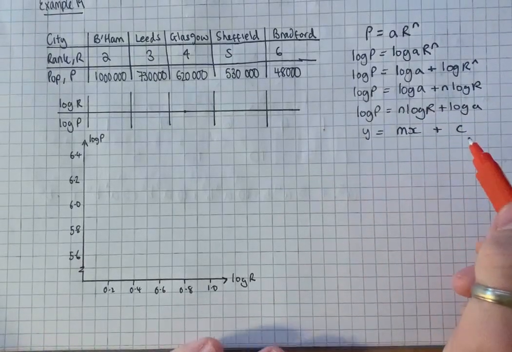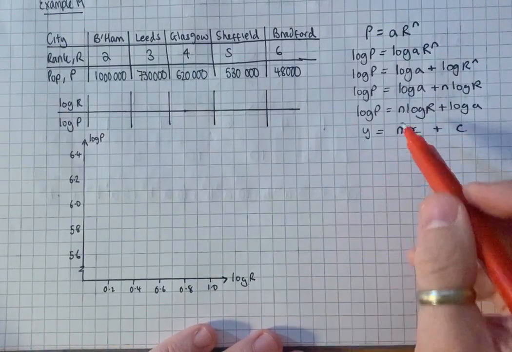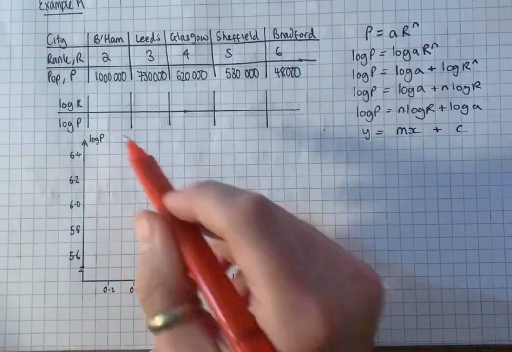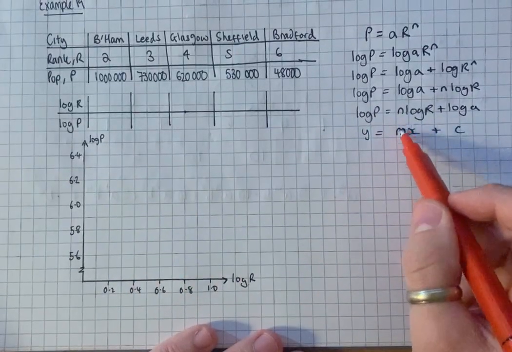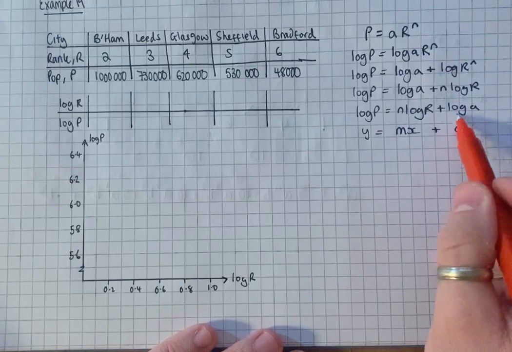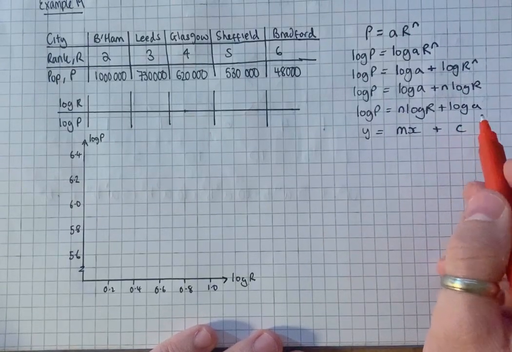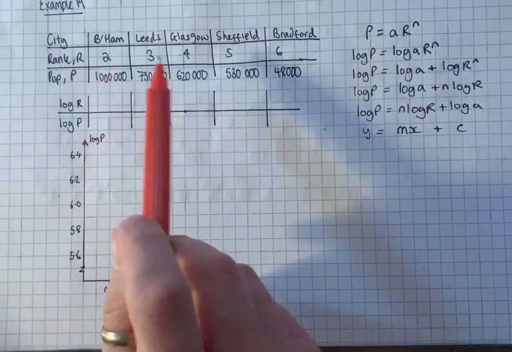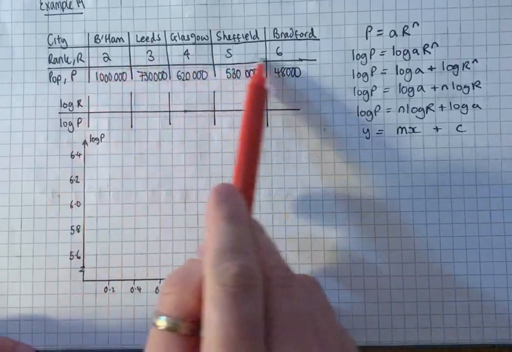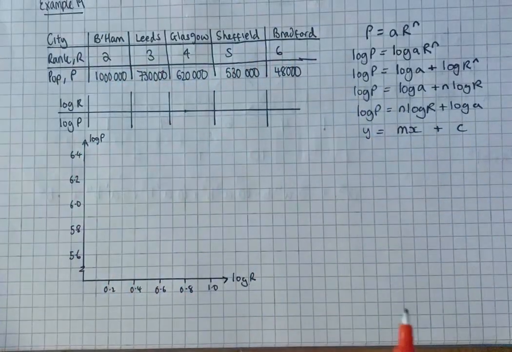So we would have log r on the x-axis, log p on the y-axis, gradient would be the power, intercept would be log a. So what I need to work out firstly is log of all these values and log of all these values.